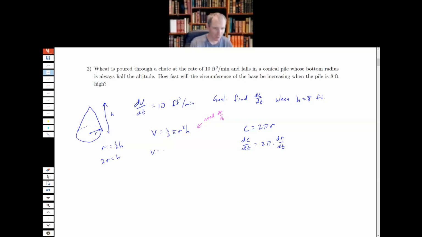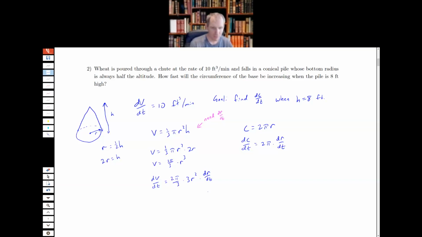So volume is 1/3 pi r squared times 2r, which is 2 pi over 3 times r cubed, grouping the r's together. And now we differentiate. So dV/dt is 2 pi over 3 times 3r squared times dr/dt.